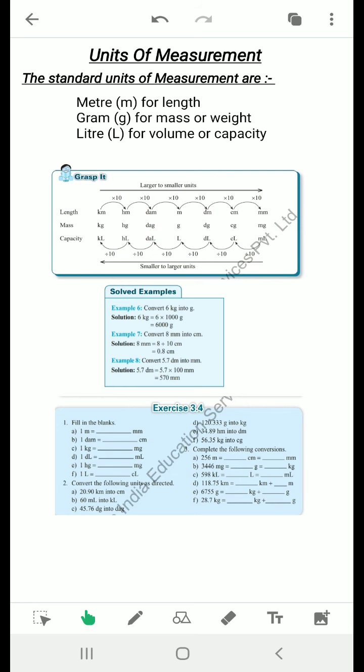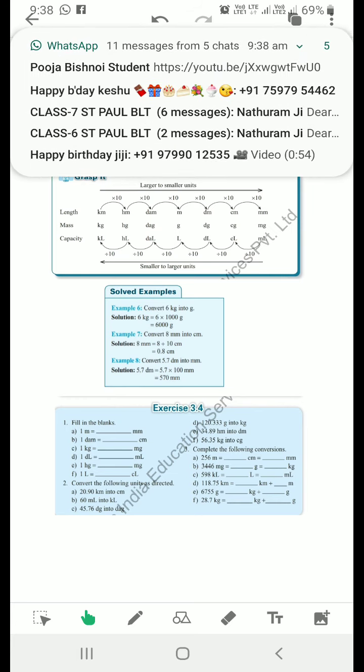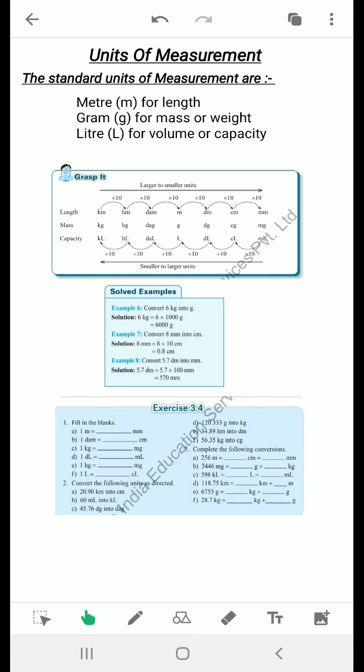So it will be multiplied by 1000. Did you understand how to find it out? Only one point you have to keep in mind: going from larger to smaller unit, we multiply; smaller to larger unit, we divide. And multiply or divide by what, we find out by counting the number of steps.